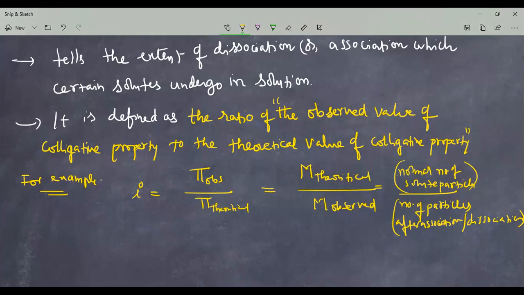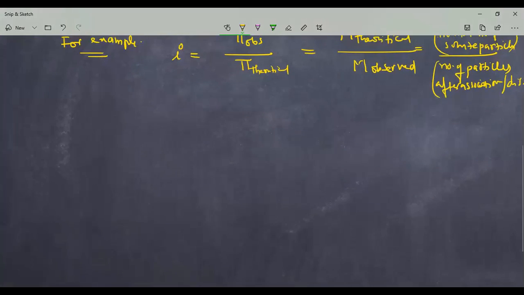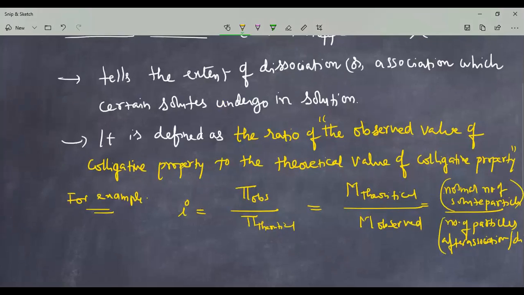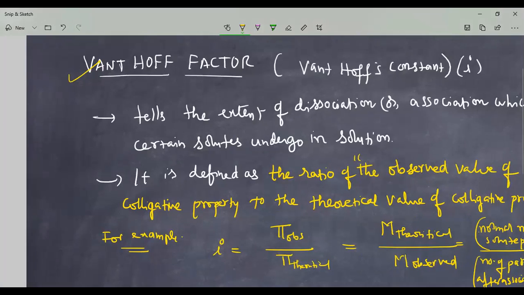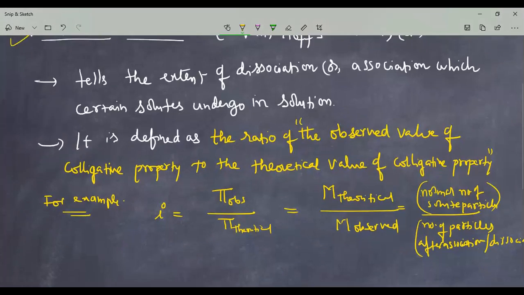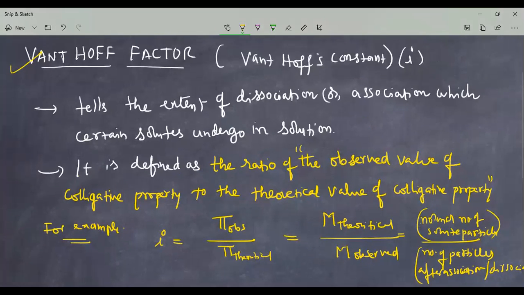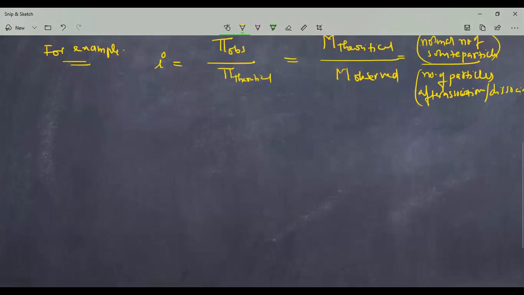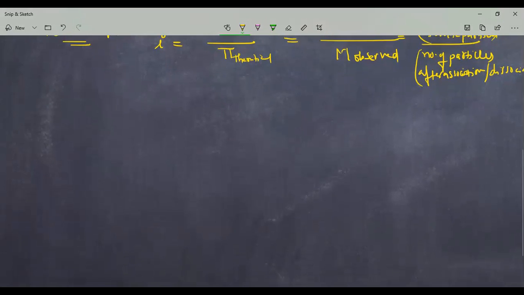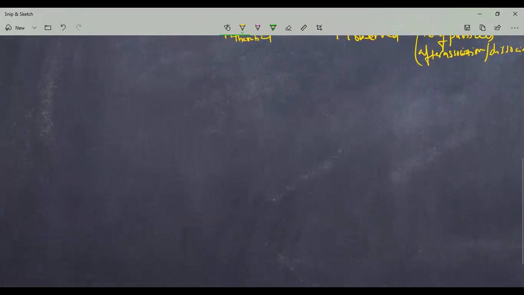When we introduce this Van 't Hoff factor, we have found that there is an abnormal molar mass, and there is an association or dissociation taking place in the solution due to the solute's behavior.